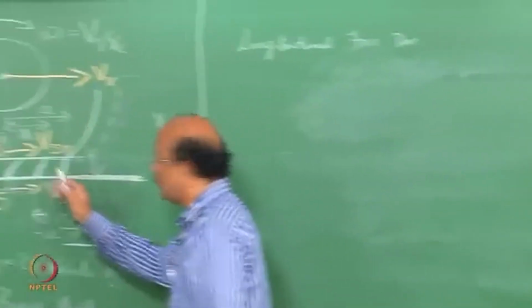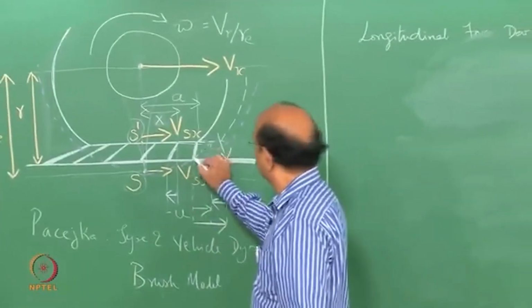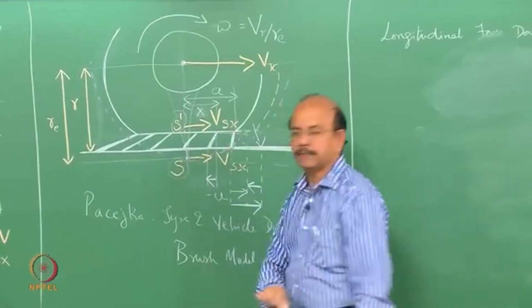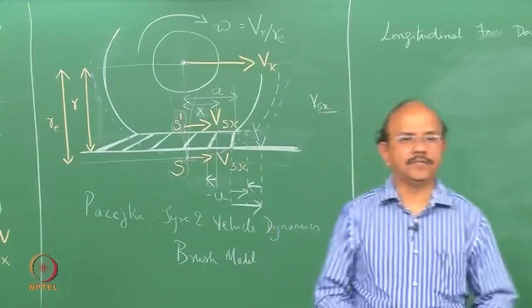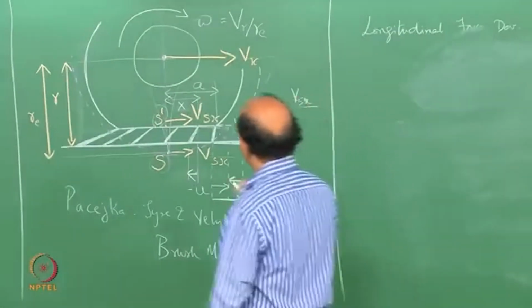So these bristles have a base, two things: one which you can call the tail, which is sticking to the carcass, and the other which is sticking to the ground.